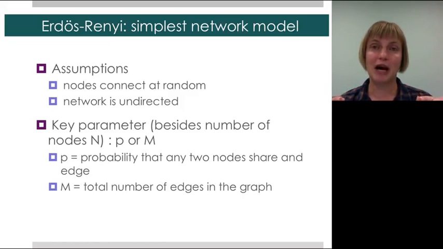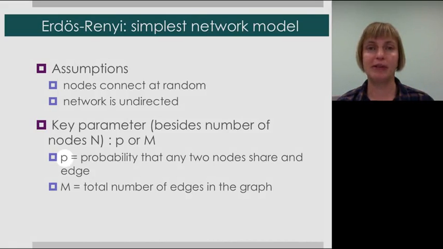The network is going to be undirected, so unlike the dining table partners where you had one girl picking another as her favorite, but this not being reciprocated, here the edges are undirected. And the last assumption, or the last parameter, is what the probability is of any two nodes connecting.